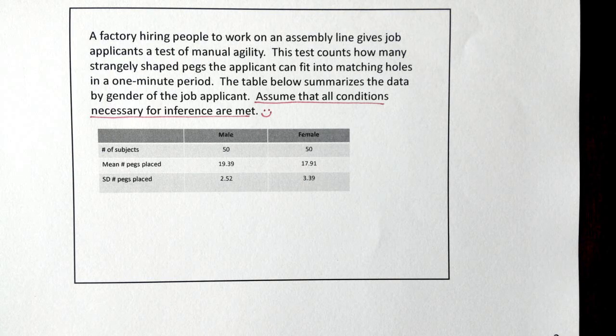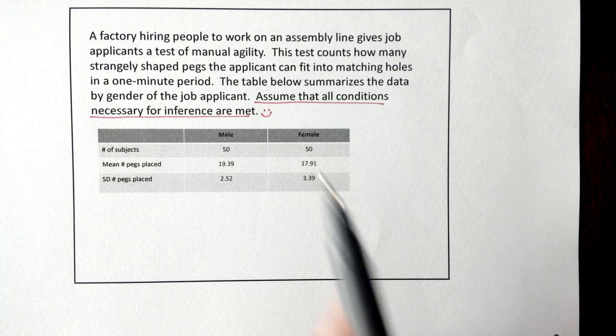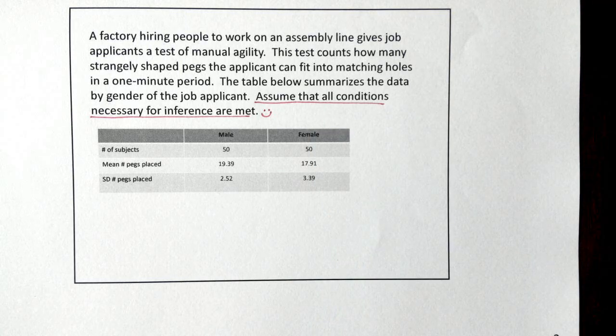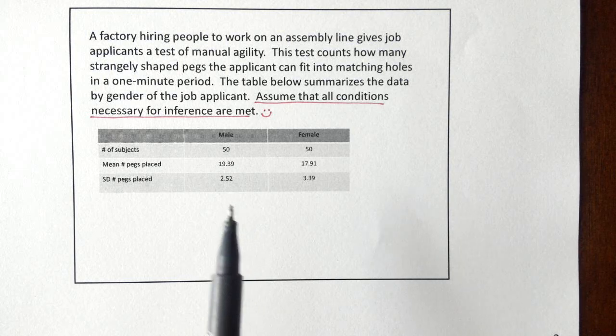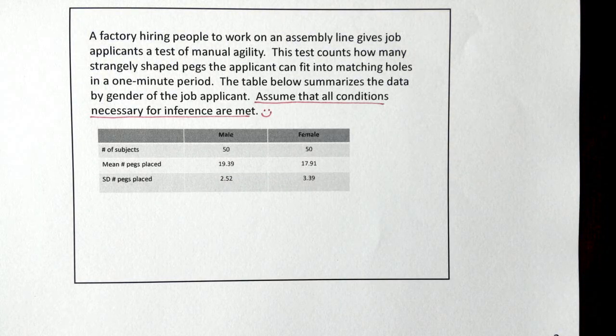So let's just review verbally what we're not going to write down. We're not going to write down that we have a random sample of subjects, male and female, who take the test. They've already checked to make sure that's true. Woohoo! We don't have to check that each subject in the male and female groups had independent numbers of pegs that they could put into the holes in 1 minute.